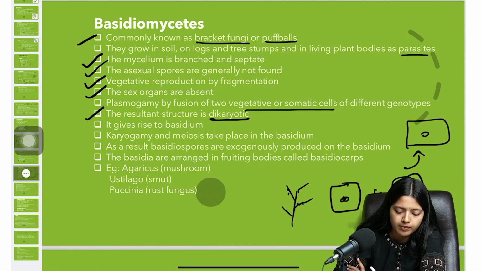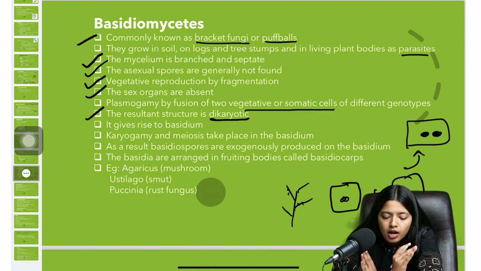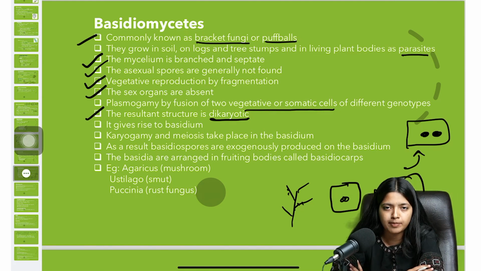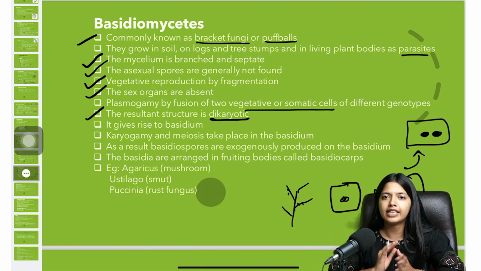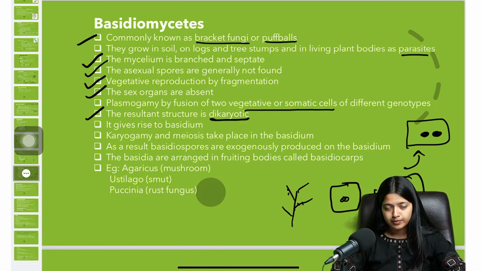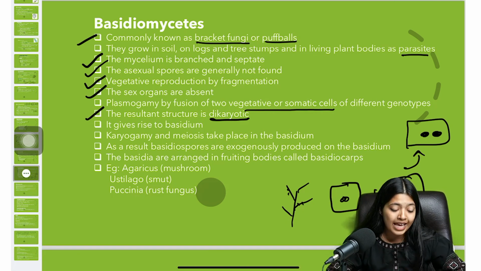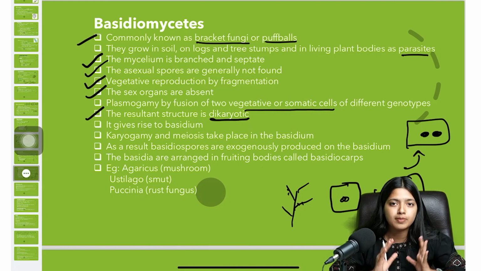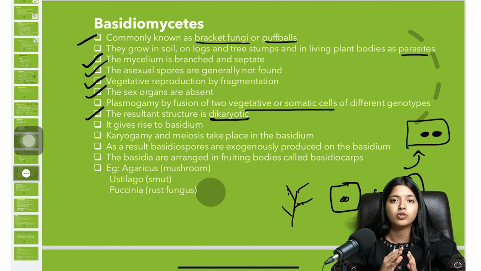Now our cell is in the dikaryotic phase. That means plasmogamy occurred, but karyogamy is still to happen. From here itself, the structure called basidium is formed. After forming this basidium, the next stages, karyogamy and then meiosis, occur.